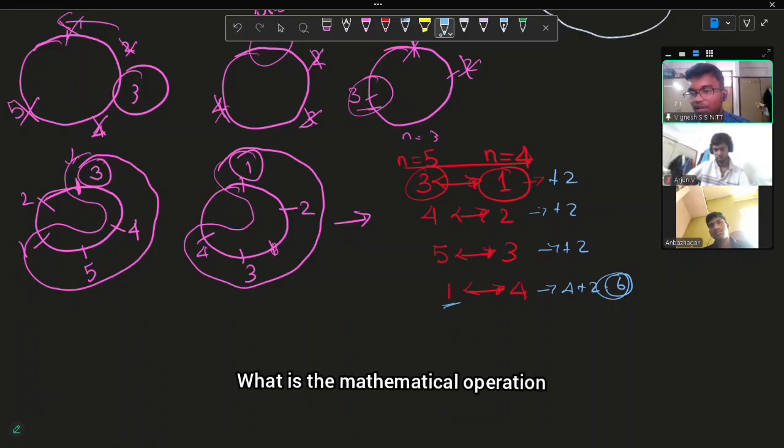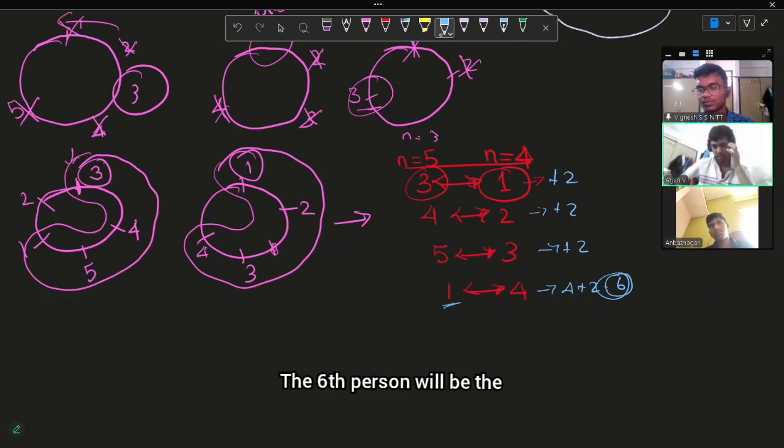What is the mathematical operation which you can try to use? The sixth person, since there are not six people, you can go maximum till five and then one. Yeah, it is five plus one, basically a repetition in a circular fashion, right?